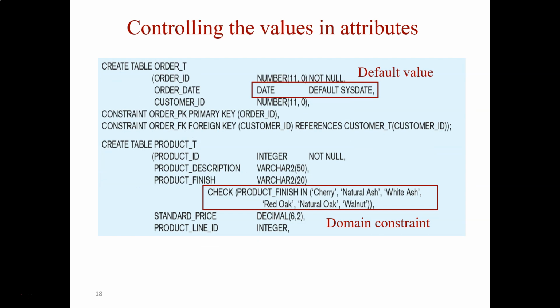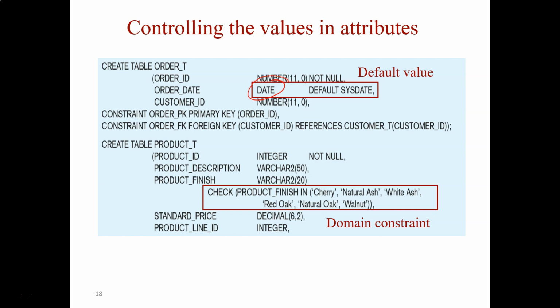Now let's look at how we control the values in attributes when creating tables. These are the commands for creating the order and the product tables. For each order, there is an order date associated with the order. The data type for order date is naturally date. Also, it makes sense that the order date is the same date on which the order is created in the database table.